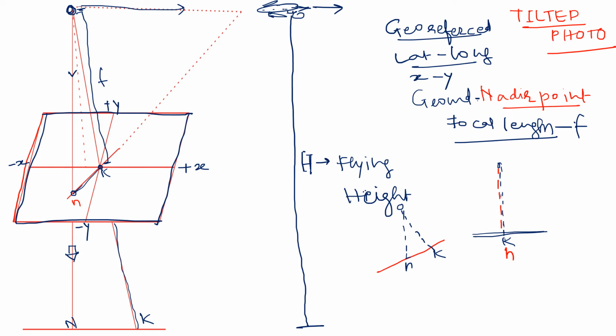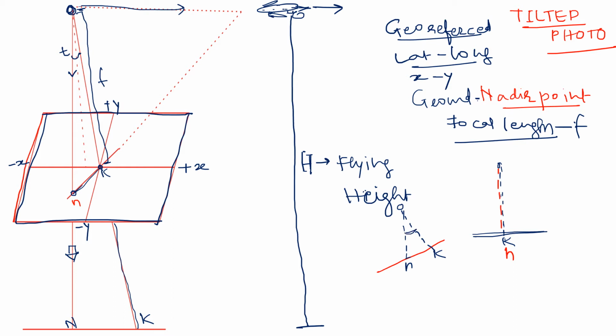Next, if I measure this angle, it is called the tilt of the photograph. In case of a vertical photograph, there is no tilt, so there will not be any angle. But here they're forming an angle.